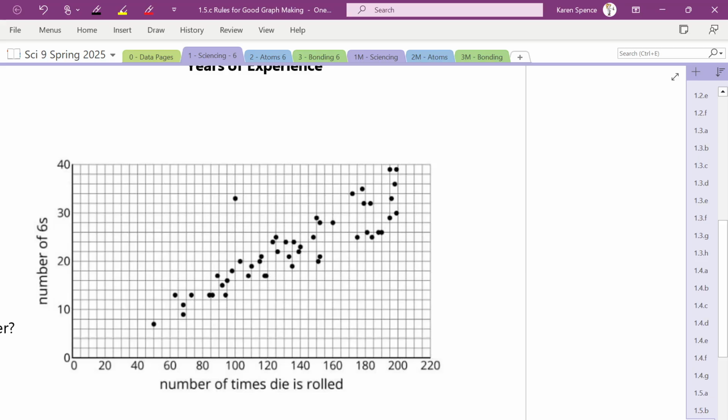Do you guys know what a fulcrum is? It's like a spinning point. So this right here is my fulcrum, that's where it moves around. I can use this as a fulcrum for it to go up and down, and I can say, that is a good line, it has about the same number of points above and below.